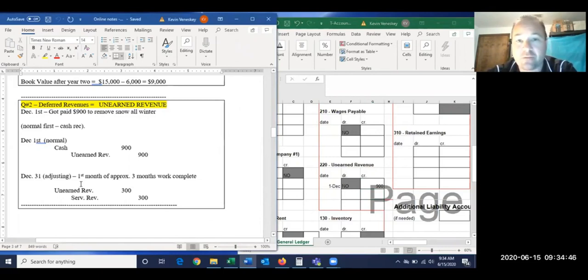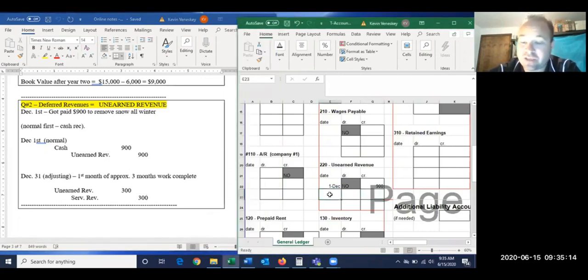Now comes the end of the year, December 31. It's now time to make adjusting entries. Nothing happened on December 31, or they didn't pay me any more money on December 31, but maybe I've actually shoveled some snow. Maybe I haven't. It doesn't really matter. On December 31, I've still generated 1/3 of that $900. 1/3 of it is $300.